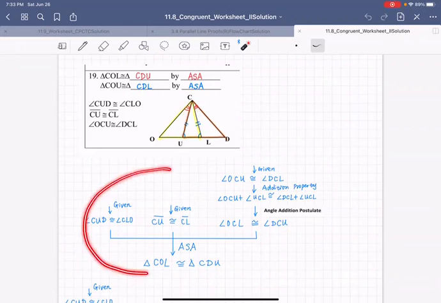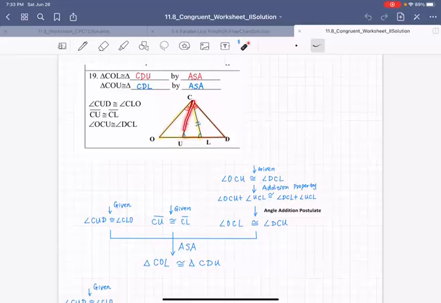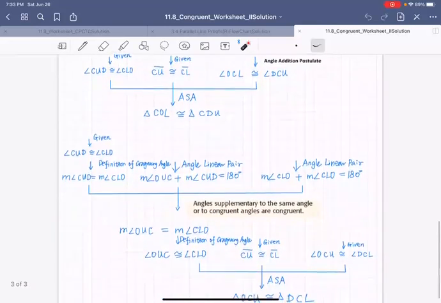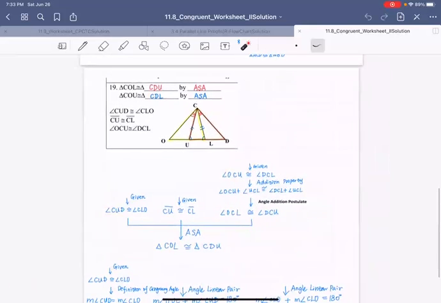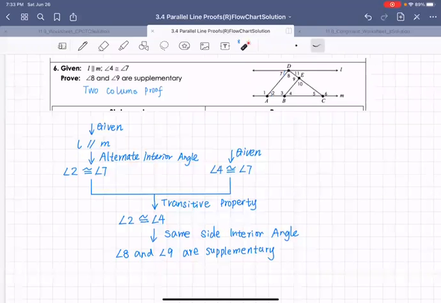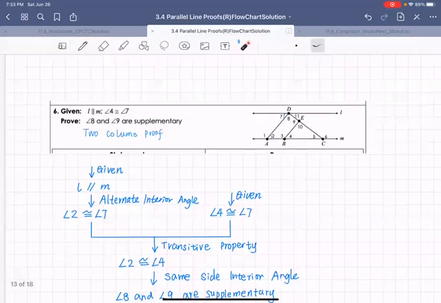Then you have to use flowcharts to prove that this triangle is congruent to this triangle, and also that this triangle is congruent to this triangle. So the proof will be more complicated than what we are doing right now, but we want this training, so make sure we master the skill here. Next question, number 6.